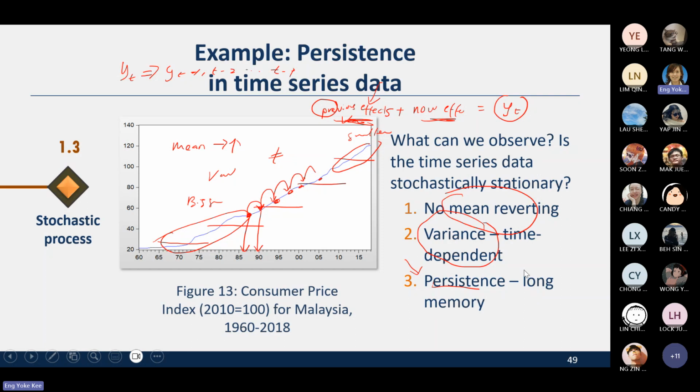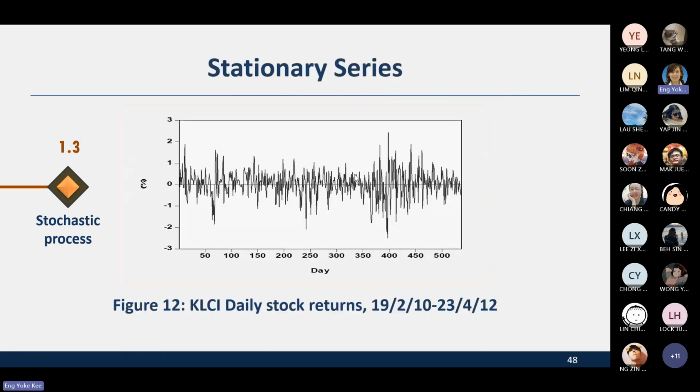So visually, you can roughly guess whether your data is weakly stationary or not stationary data. If you see this not stationary, we worry. We don't want this. What we want is this one. We want our time series data to behave in a stationary manner. So if your data behave in this way, means what?